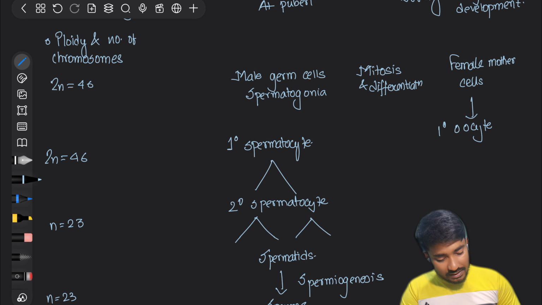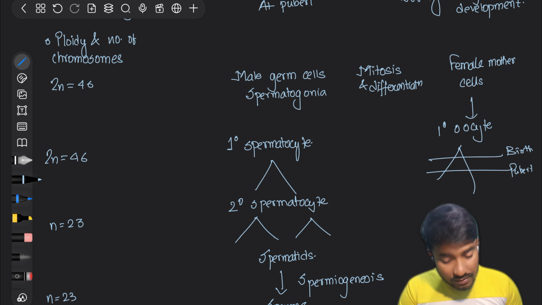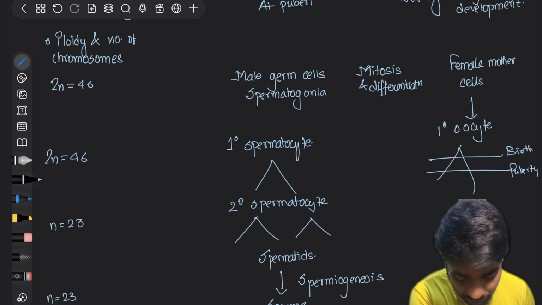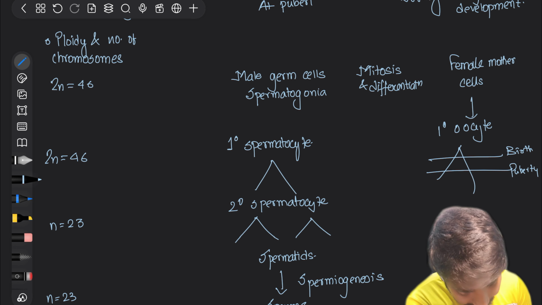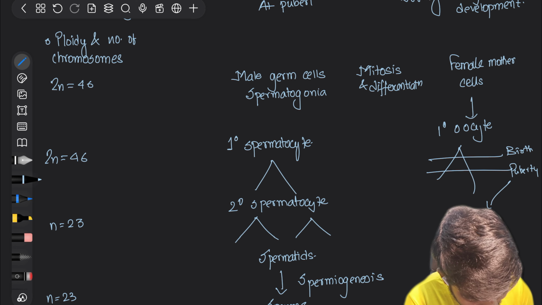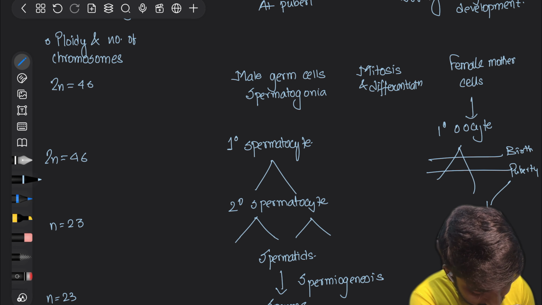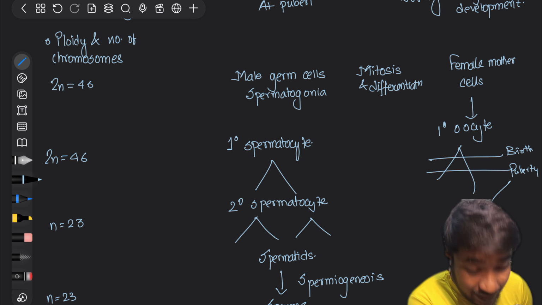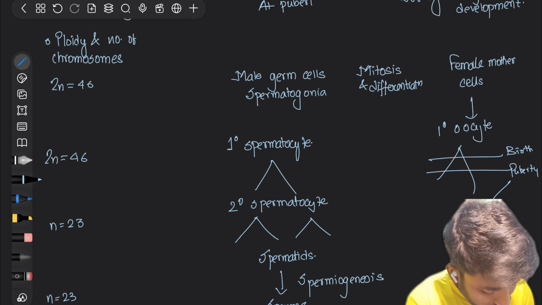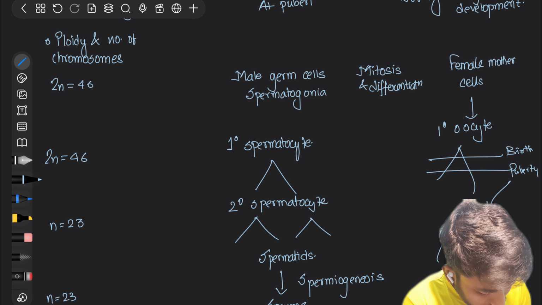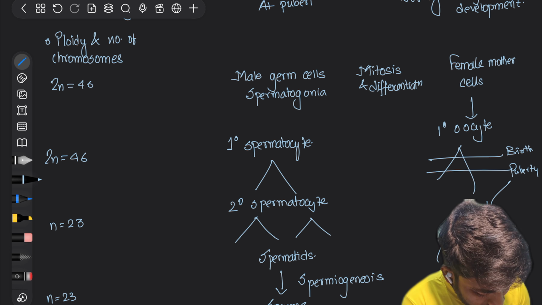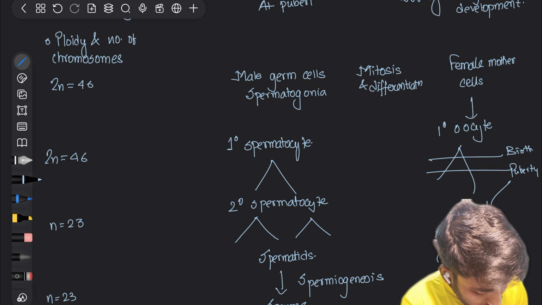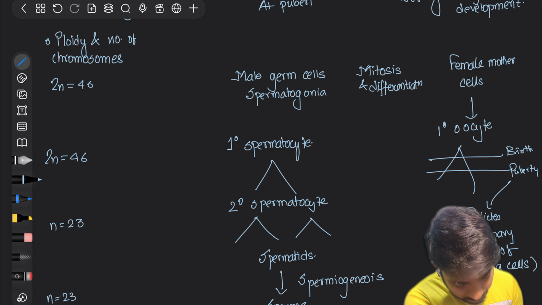The primary oocyte is divided into two stages: at birth, at puberty. So at birth nothing happens. At puberty, the follicles: there is a primary follicle with a single layer of granulosa cells.